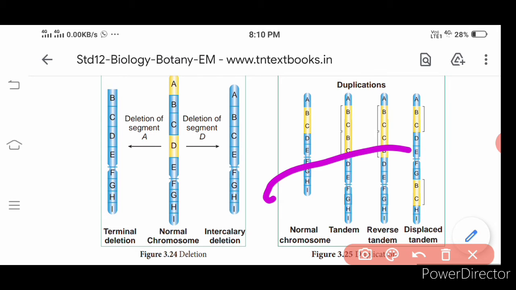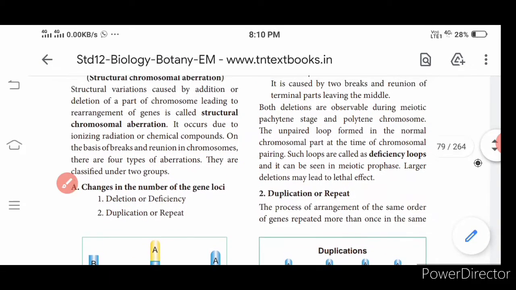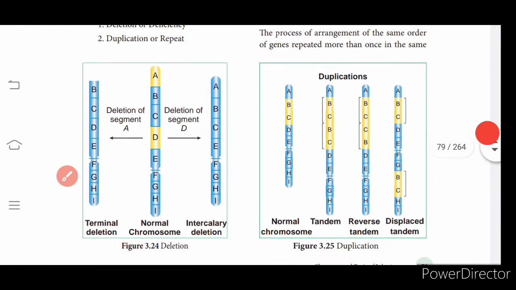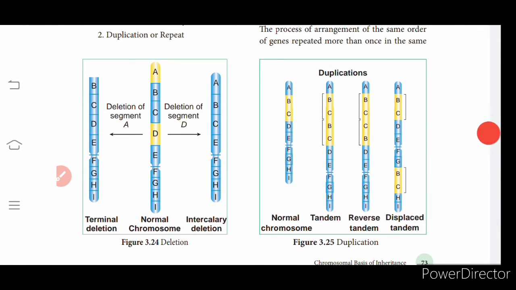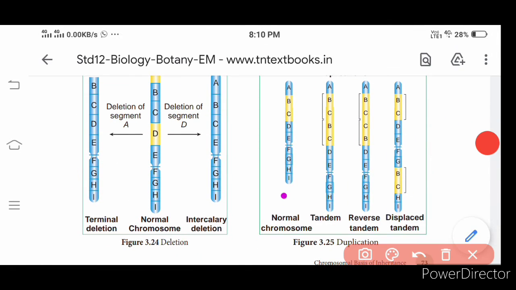Okay, so the next condition present here is the duplication. Duplication is when the same segment is formed again. So again here it is a normal condition. Then tandem is the repetition of the same. BC is already there and this is repeated. Okay, reverse.